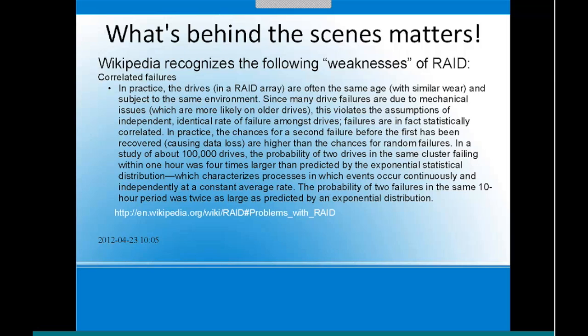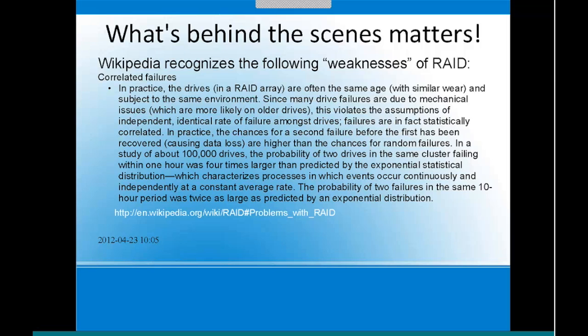Not only that, most drive failures are due to mechanical issues, okay? More likely than becoming old, the drives fail because of mechanical issues. One study showed that 15% of installed drives fail within the first month and 20% within the first year.